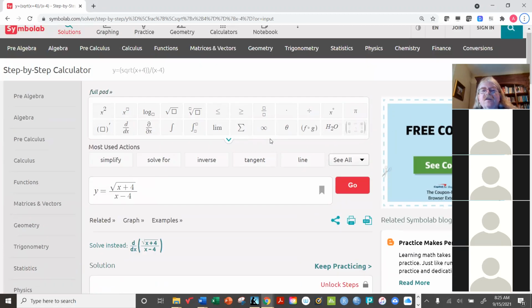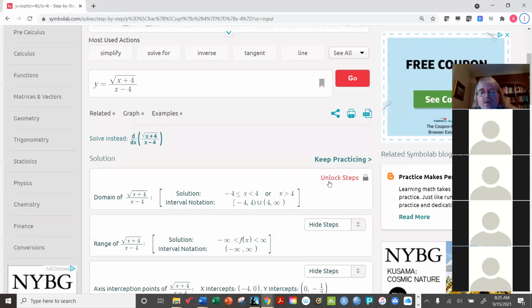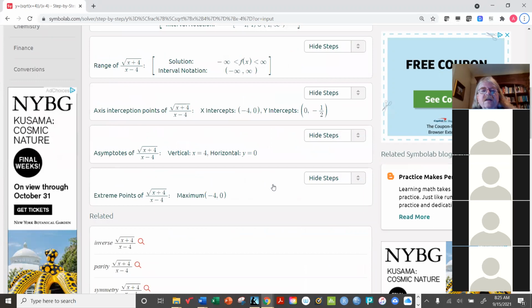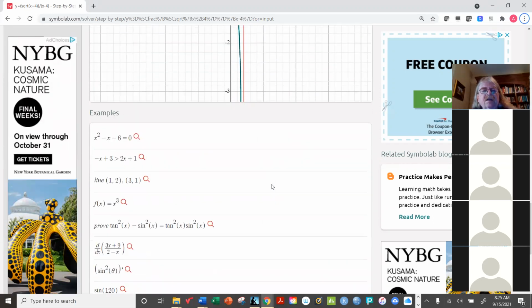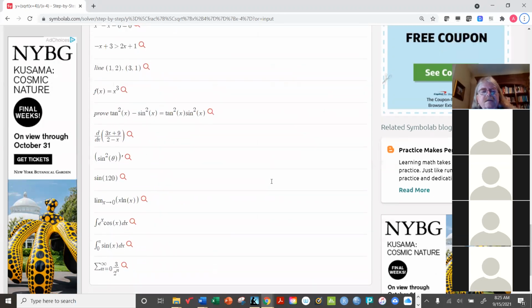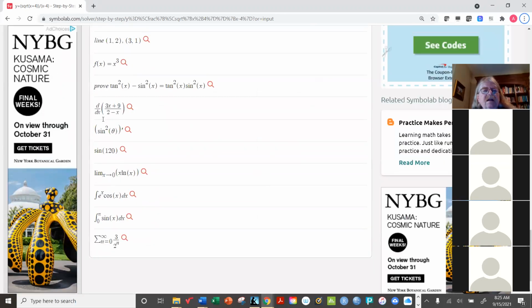So you pay them an annual fee, which I don't know what it is because I don't have it. And then right here, they would go through it in more detail and show you all the steps that are missing. Here, they're basically just summarizing it for you. They're not really showing you where they got it.